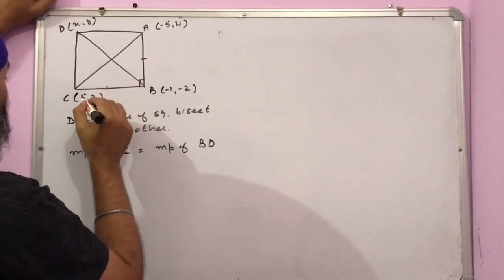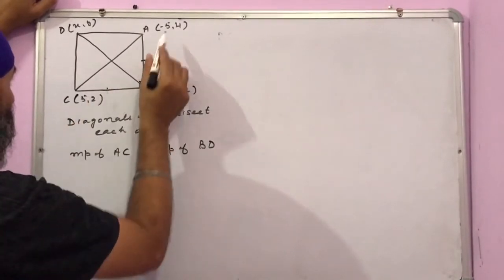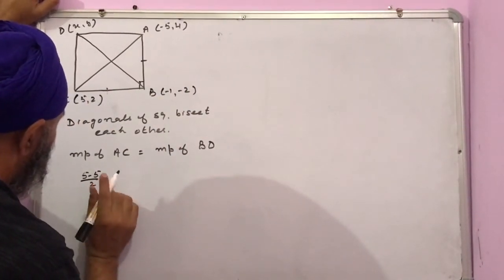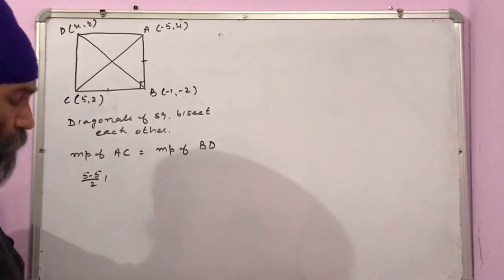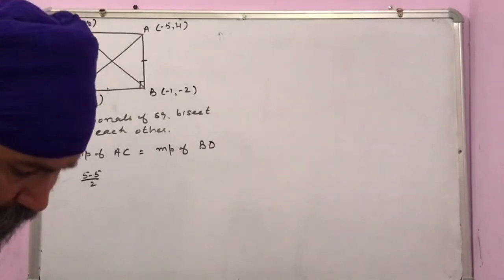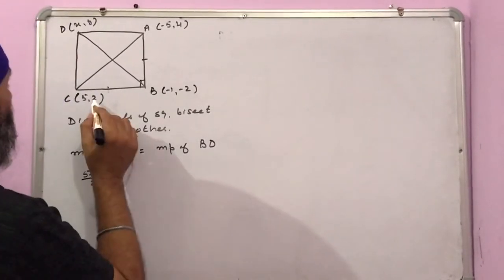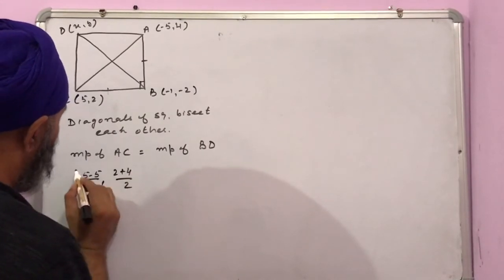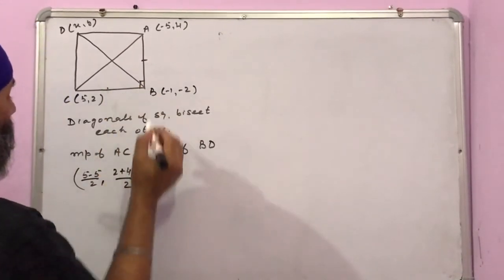I apply the midpoint formula: (5 - 5) upon 2, comma (2 + 4) by 2. It is the midpoint of AC.